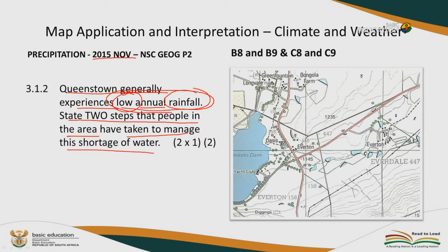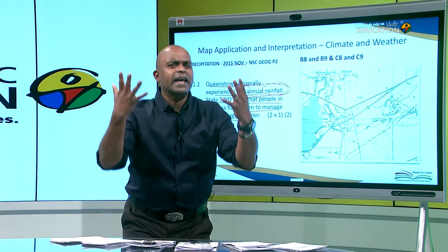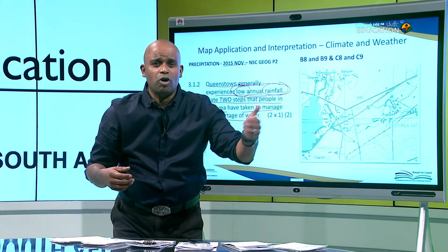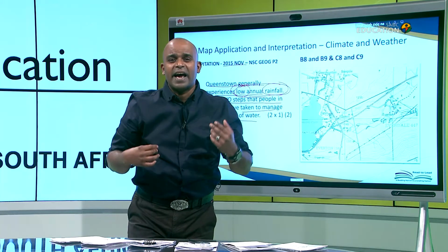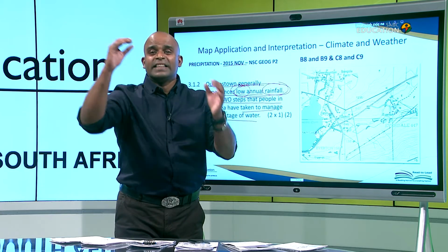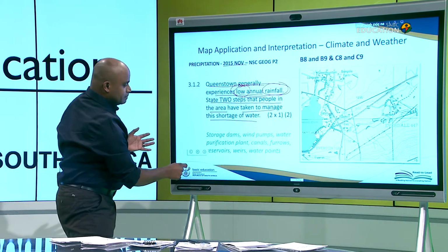And what is it that the question requires you to answer? Again, look for the evidence. We've had evidence of reservoirs, non-perennial rivers or streams, periodic streams, as well as water points. Now, all these are sources of water that are found on a topographical map. Here's your answers.